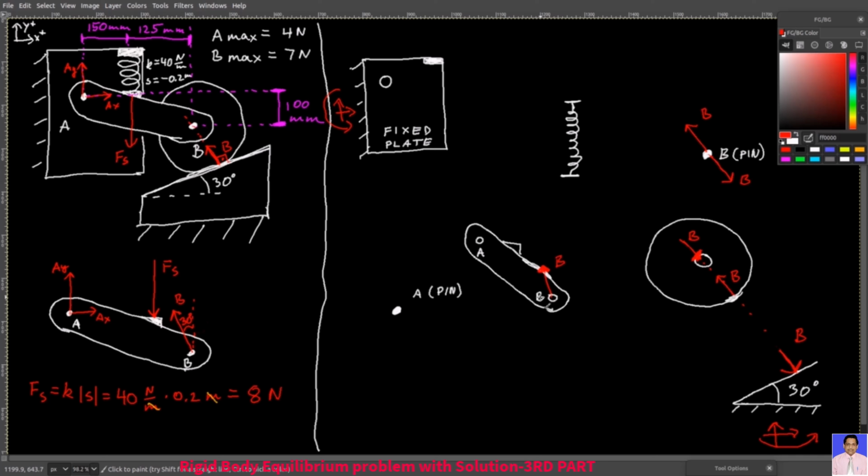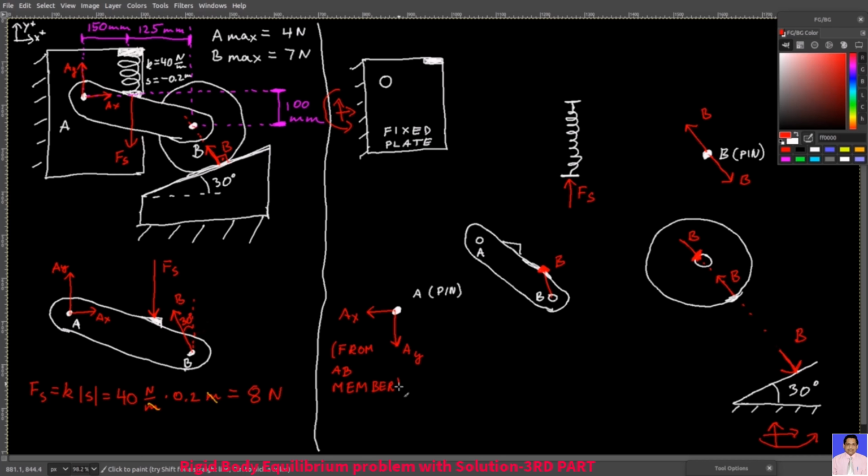The AB member receives the B force from pin B. Because of that, it will apply force Fs to the spring, and also to pin A, and here we're gonna draw this force using two components.